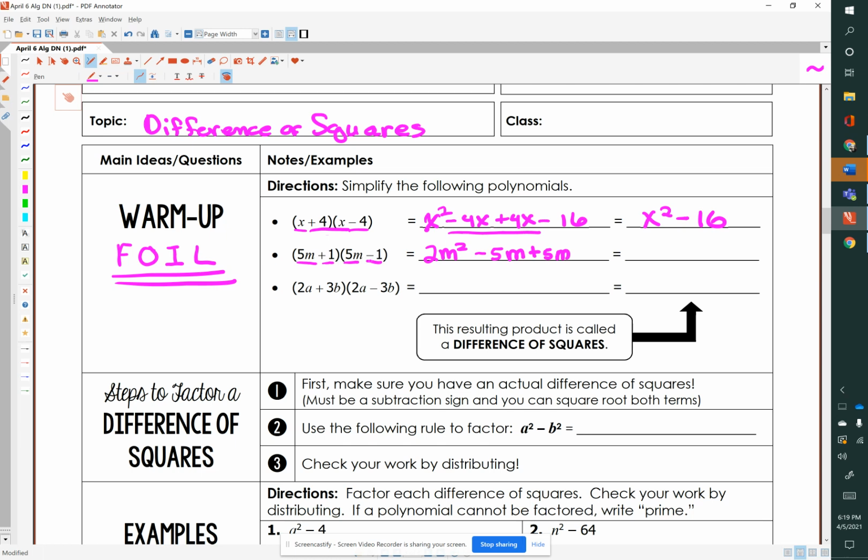And last, negative 1 times positive 1 is negative 1. We combine the center terms, negative 5m plus 5m will equate to 0, so we're left with 25m squared minus 1. And in the third example, 2a times 2a is 4a squared.